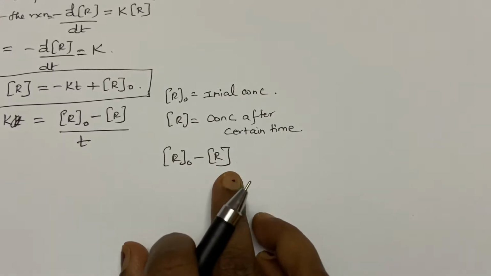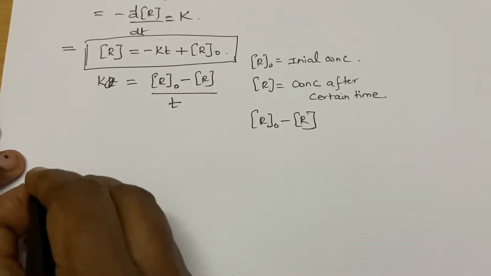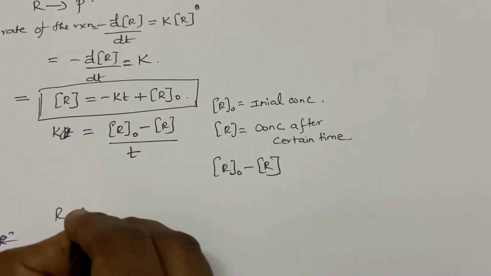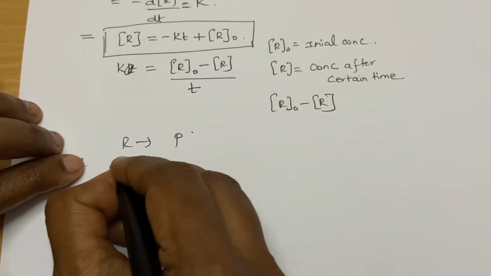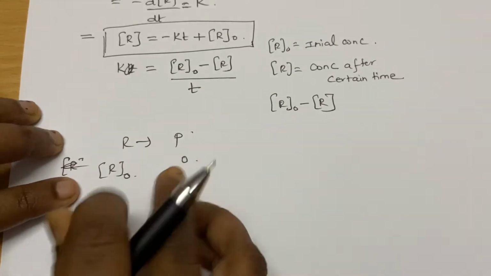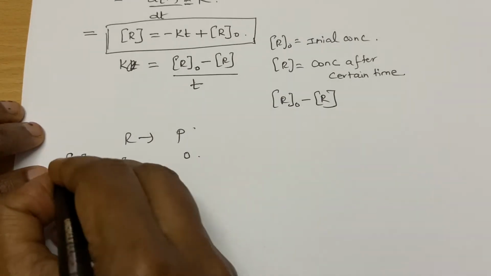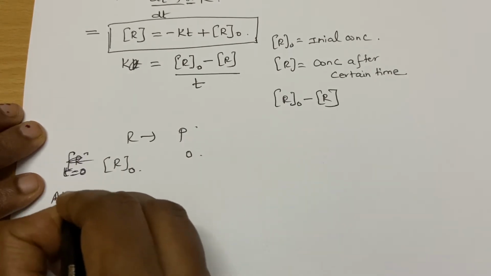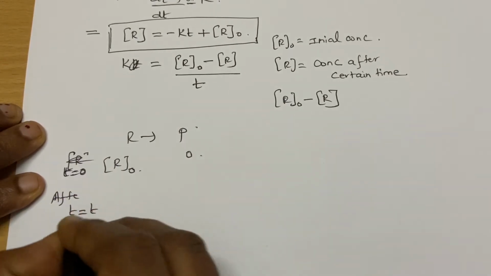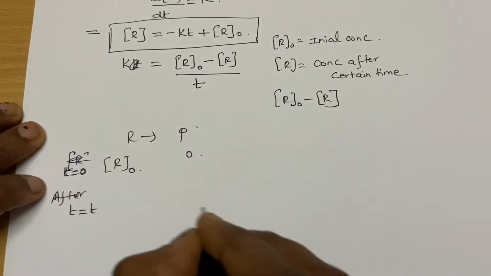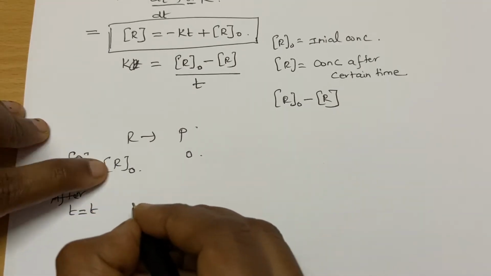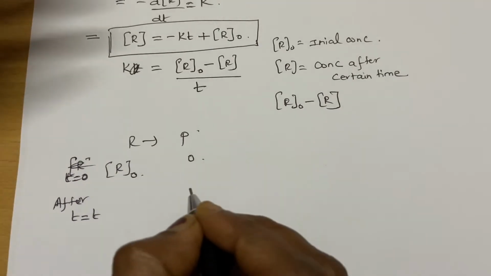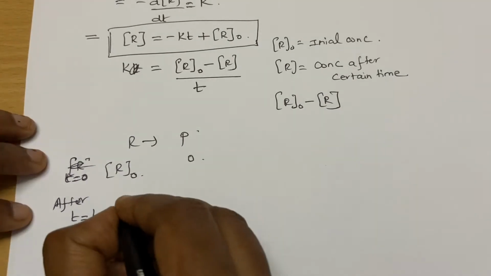What does it mean, students? If you start a reaction, R giving P, the initial concentration was R naught, and initially P was 0, when time t is equal to 0. After a certain time, some of the concentration of R naught has been converted into product.